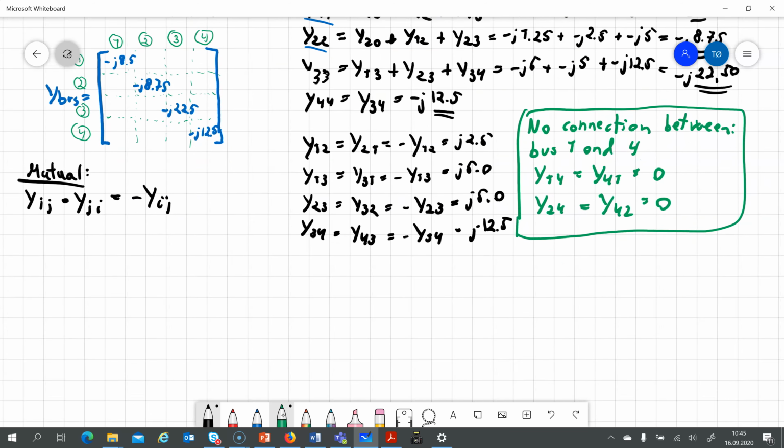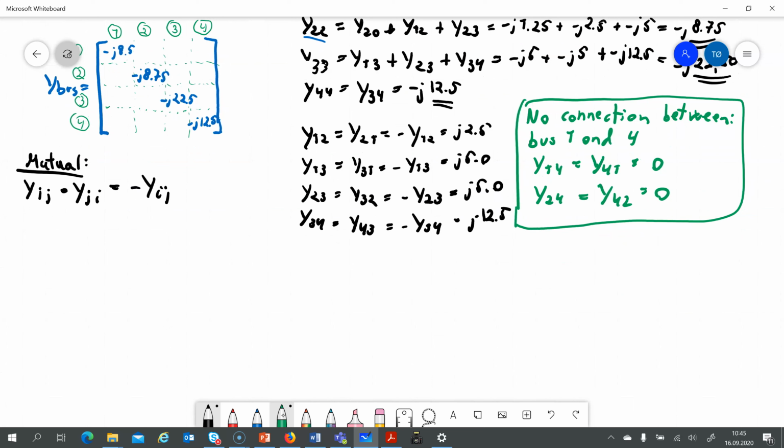In the general matrix form, we know that the positions will be y11, y12, y13, and y14.